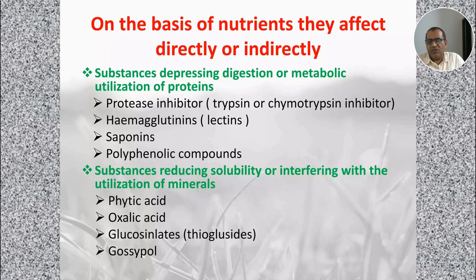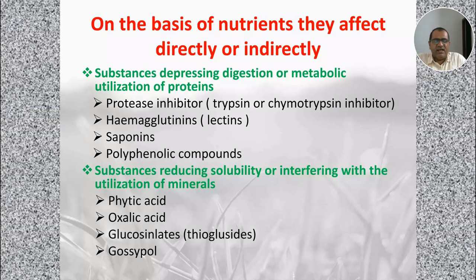The second group is the substances reducing the solubility or interfering with the utilization of minerals, micro and macro minerals. We know a lot of micro minerals are required by cattle, as well as macro minerals. Among the important minerals required are calcium and phosphorus, and phytic acid inhibits many of these essential minerals required by the body.